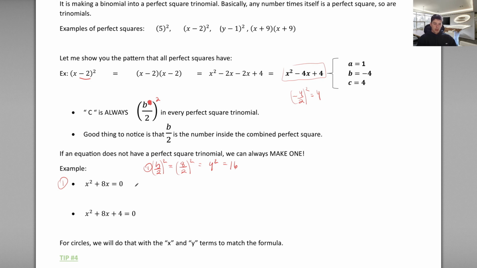Alrighty. So we're going to make the perfect square by adding 16 on both sides, because if we add 16 on the left side, we have to add 16 on the right side. So that makes this x squared plus 8x plus 16 equals 16. The 16 is going to remain here.